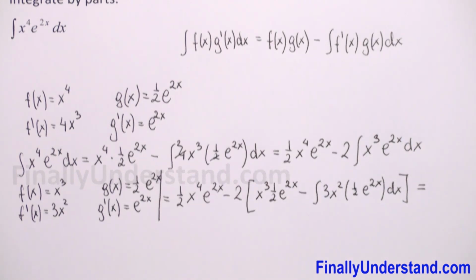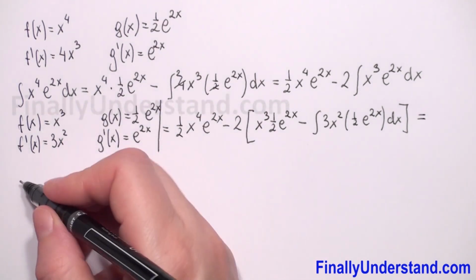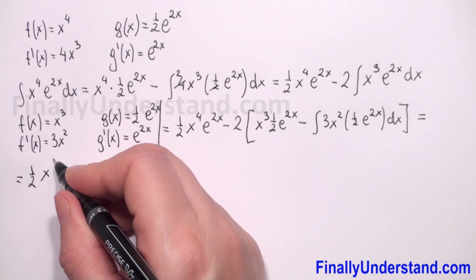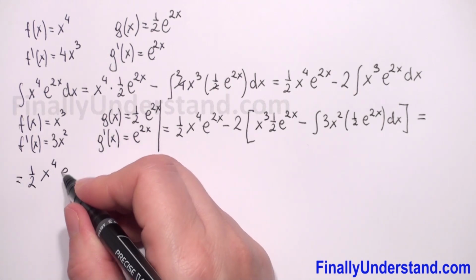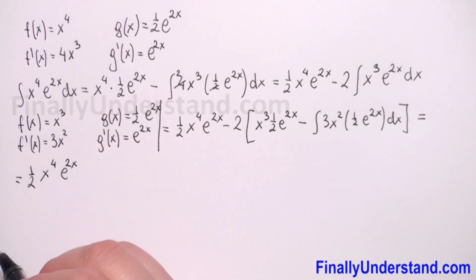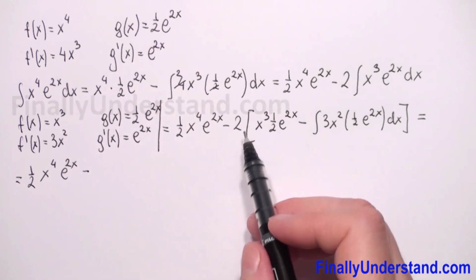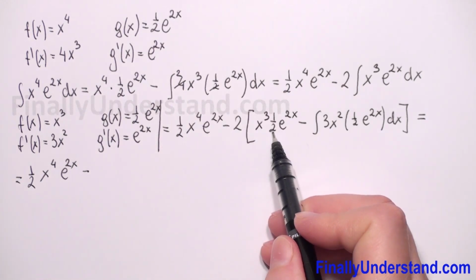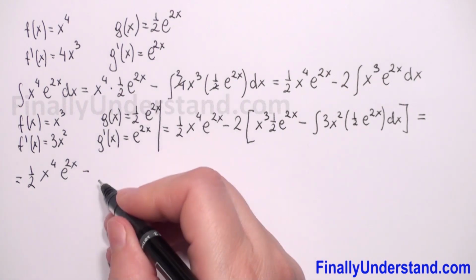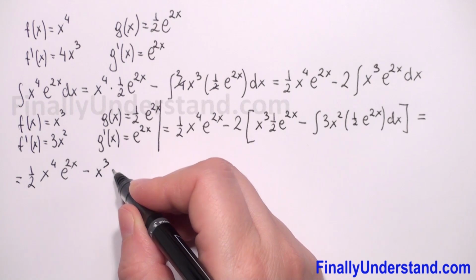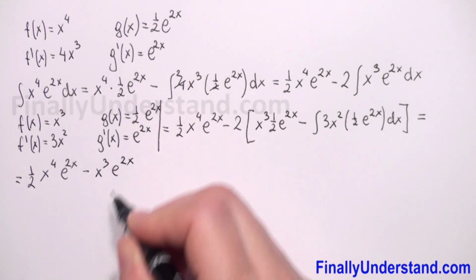This is equal. At the beginning we have to rewrite. We have 1/2 x to fourth power e to power 2x, and we have negative 2 times 1/2, which will reduce, so we'll have negative 1. You don't have to write, just x cube e to power 2x.